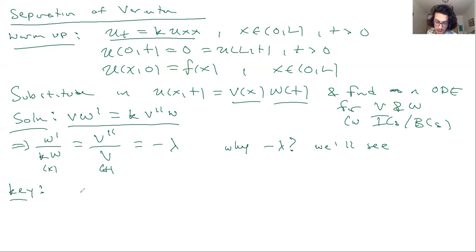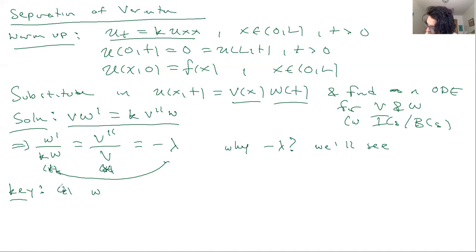So what do I do now? Well, I take my x equation and I pair these two sides together. I'm going to multiply through by KW, and I get the t version of the equation and the x version of the equation.